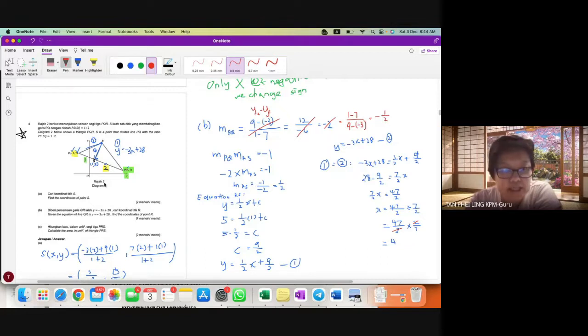Why am I so careless? Should start from y. See or not? How many of you do the same mistake like I do? Raise your hand. Remember, the gradient must always be y2 minus y1 over x2 minus x1. Why do I always make this mistake recently?